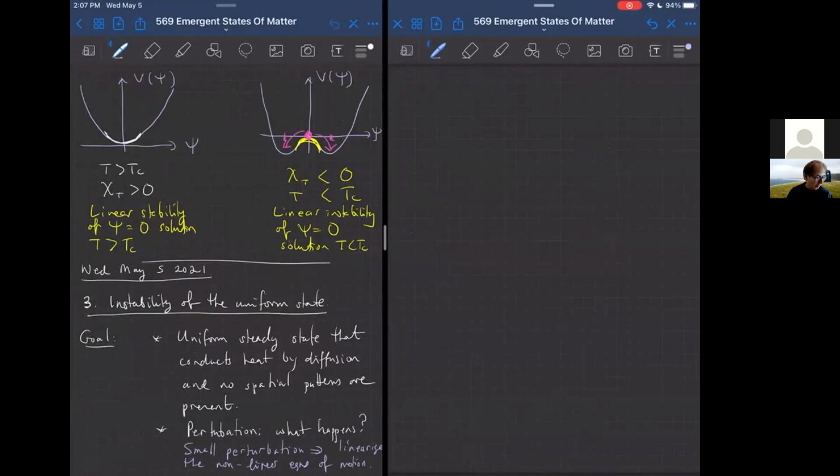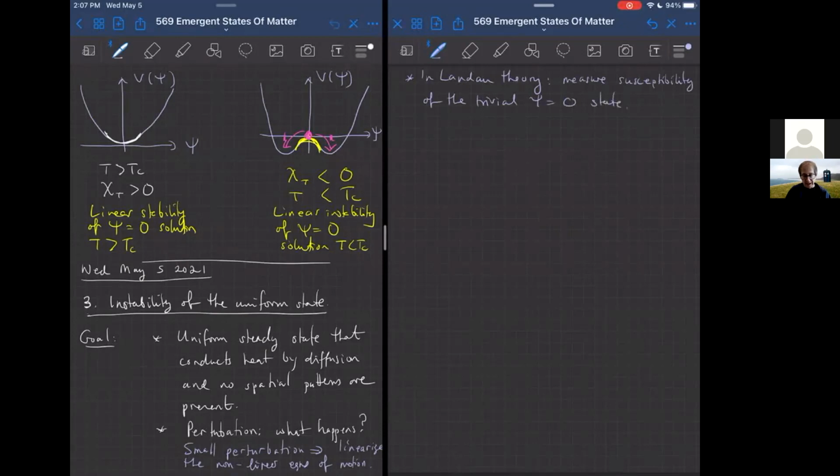So what we talked about last time, and you can still see it on the screen on the left here, is we did a similar sort of thing in the Landau theory. In Landau theory, the way we could detect this was to measure the susceptibility of the trivial magnetization psi equals 0 state.